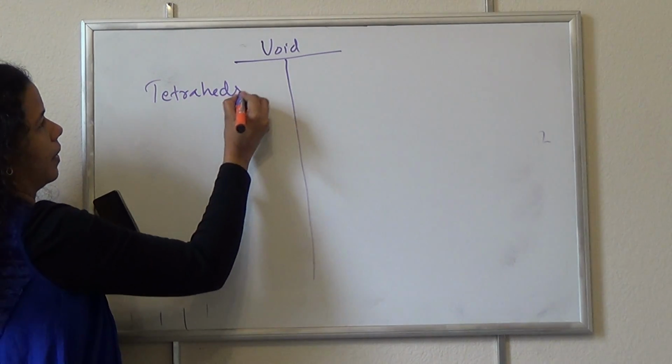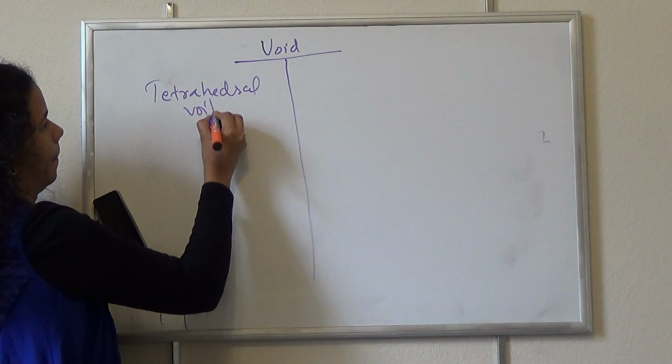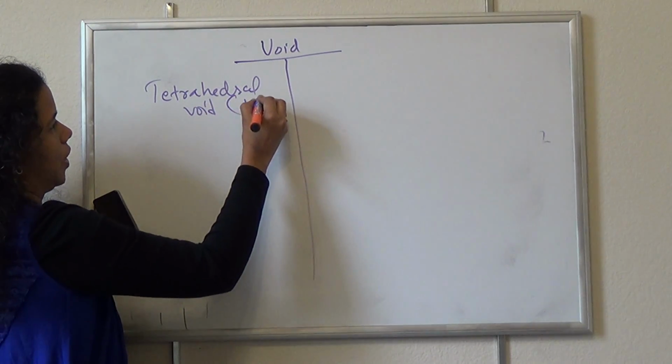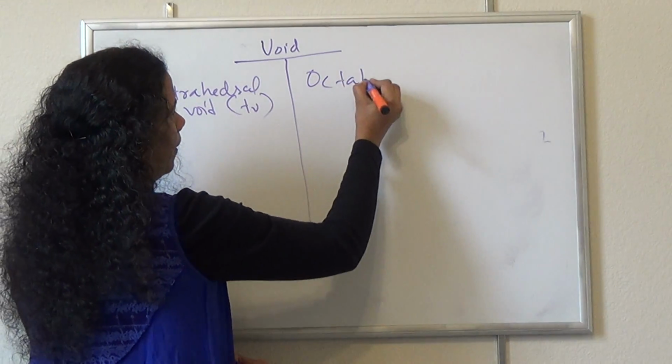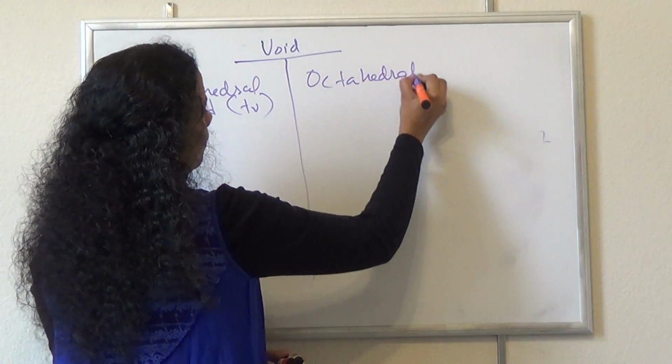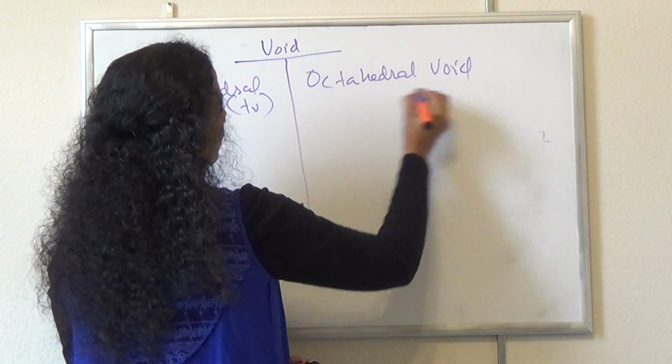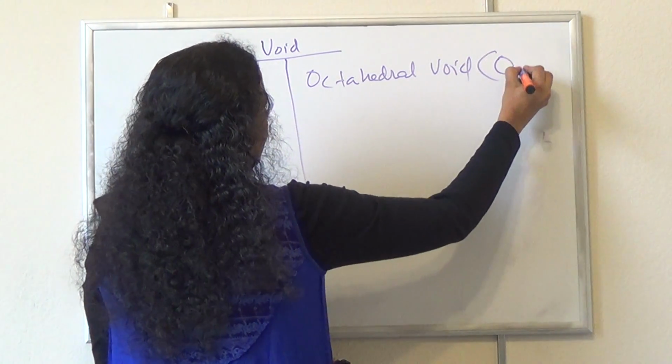Tetrahedral void. You can write TV. And octahedral void, that is OV.